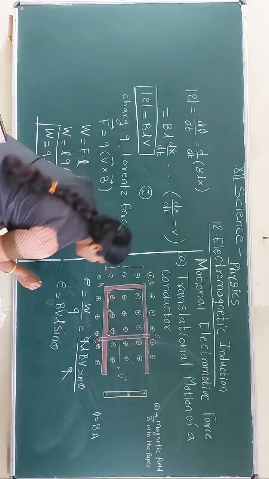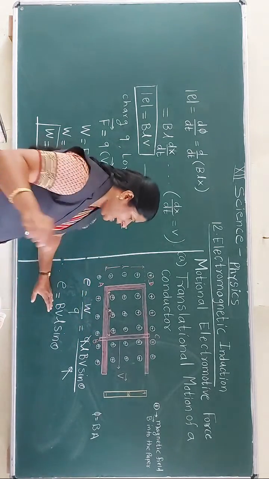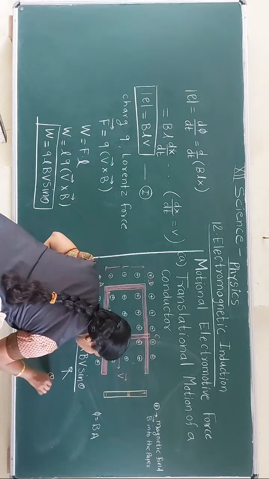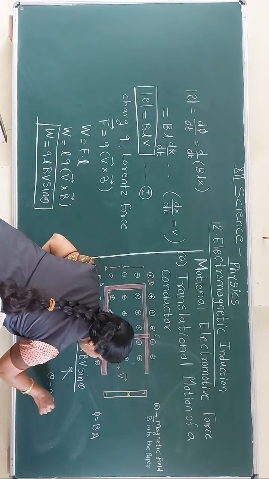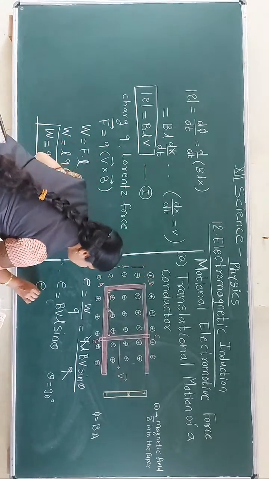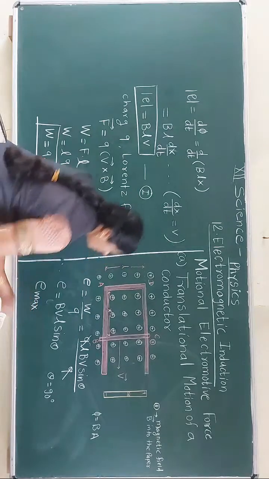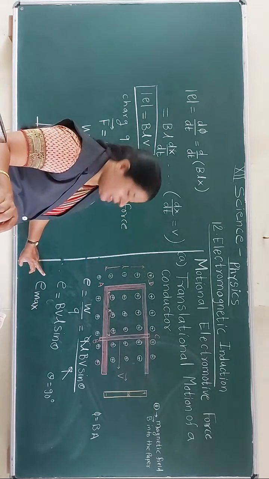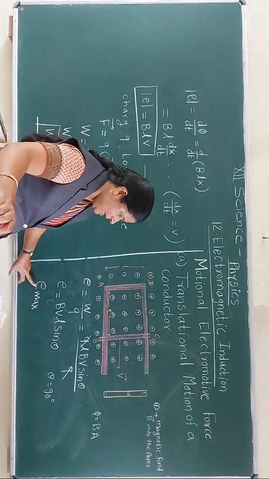So if theta is equal to 90 degrees, then we get the maximum value of EMF.